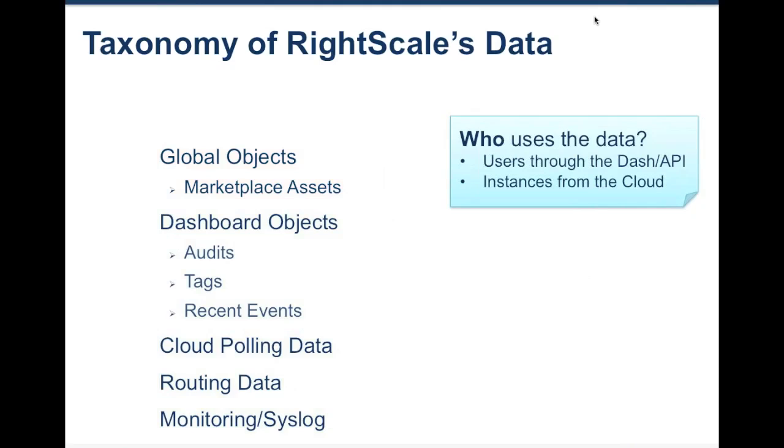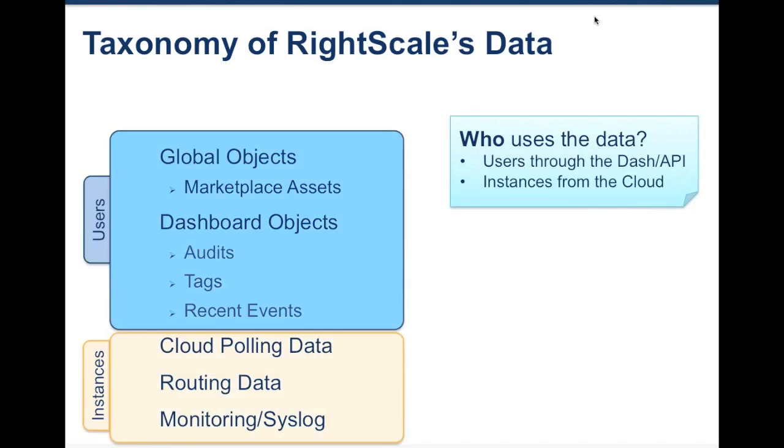Similarly, another dimension is who uses the data, or where the data has to be close to in order for it to be efficient. And we have two different concepts. One is users, either through the dashboard or through the API, who need access to the data. The other is instances running on the cloud, which may need access. If we classify the different groups based on that, we see two different groups.